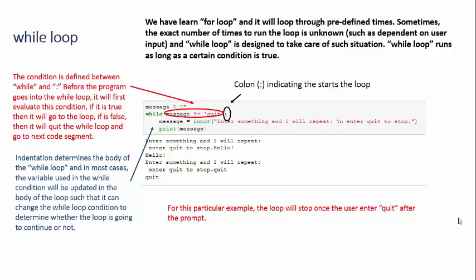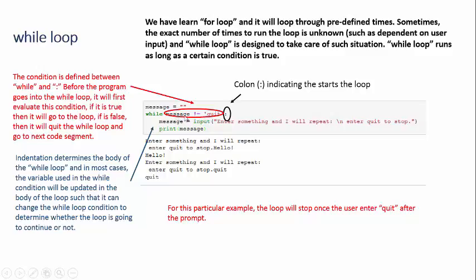The while loop and the for loop have very similar structures. In the while loop, there are three parts. The first part is where the while is defined. Then the colon at the end of the first line indicates the start of the loop, and in the middle is a particular logic condition.